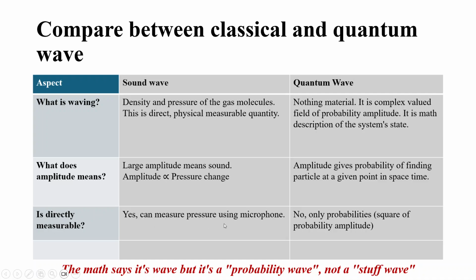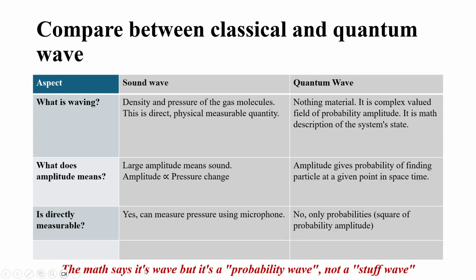Yes, we can directly measure this pressure using a microphone or whatever we want to find. But in a quantum wave, no, only probabilities, the square of the probability amplitude, can be measured. So the math says it's a wave, but it's a probability wave, not a stuff wave.